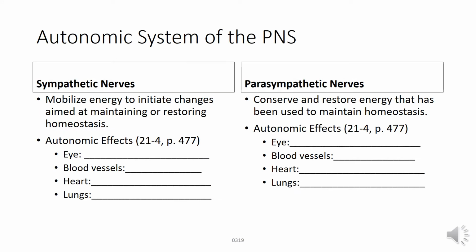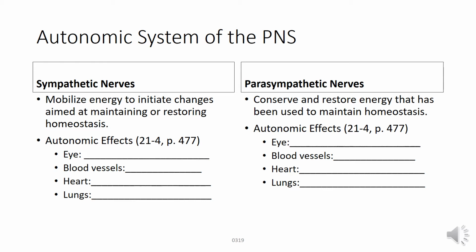So the autonomic system of our PNS is divided into sympathetic nerves and parasympathetic nerves. The sympathetic nerves mobilize energy to initiate changes aimed at maintaining or restoring homeostasis. The autonomic effects for the eyes, for the sympathetic system, it causes dilation.